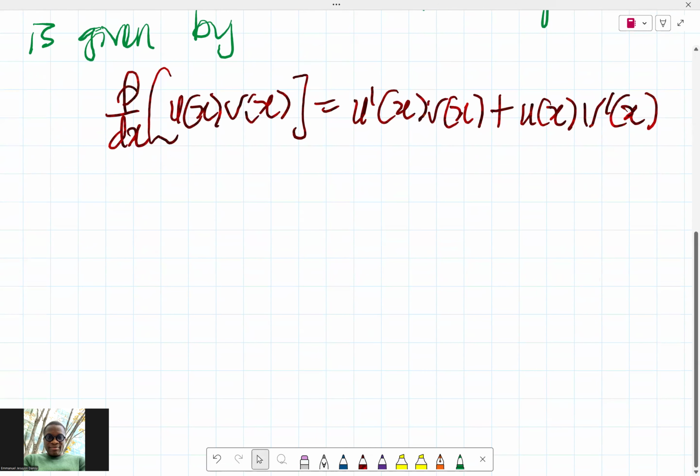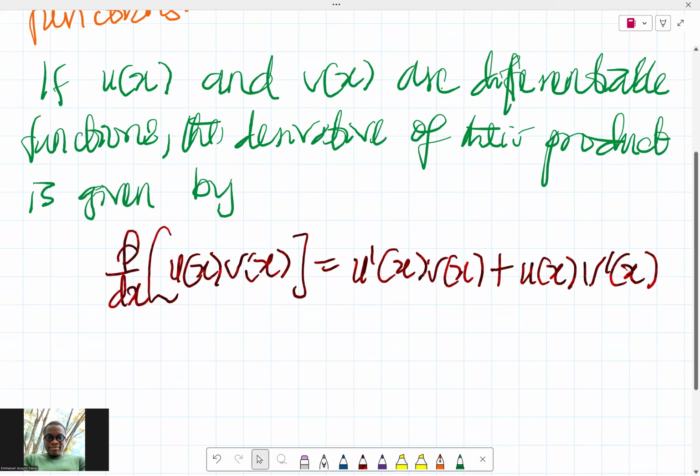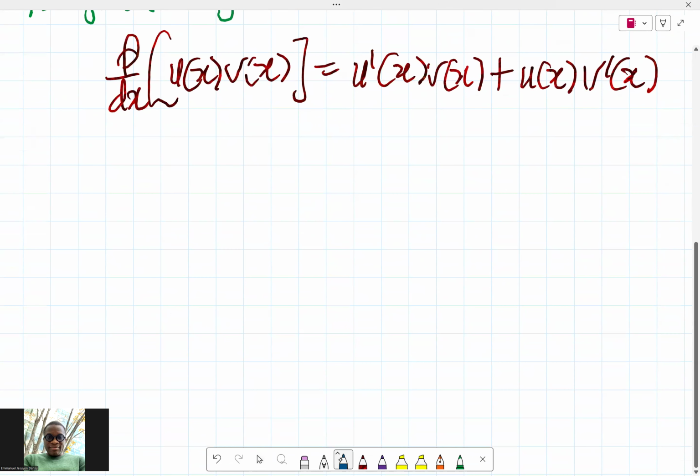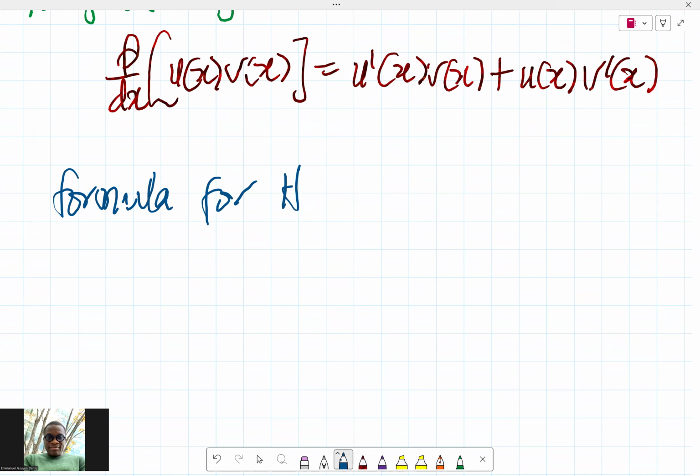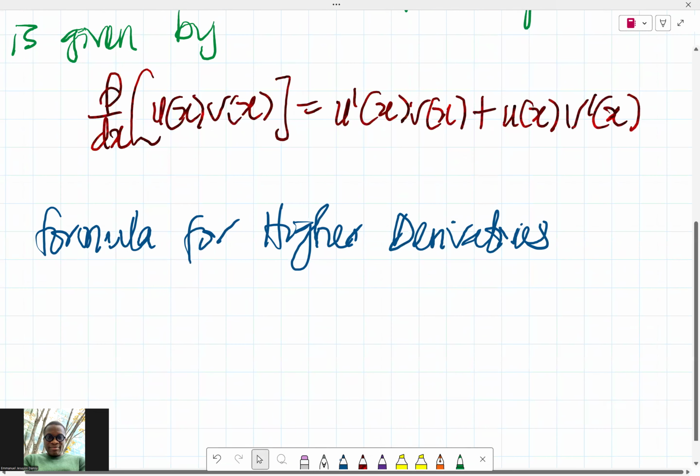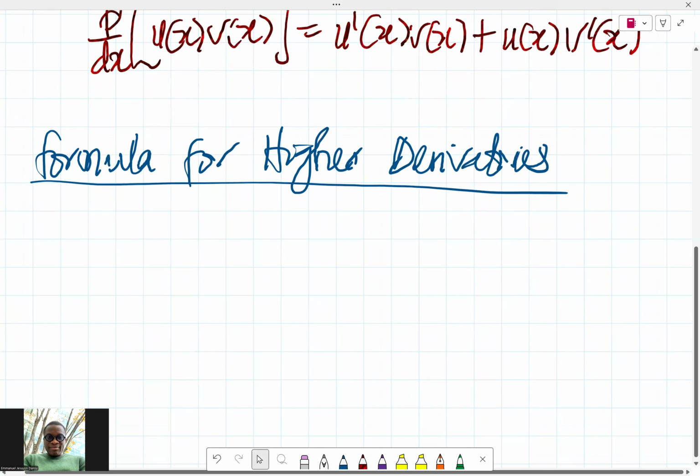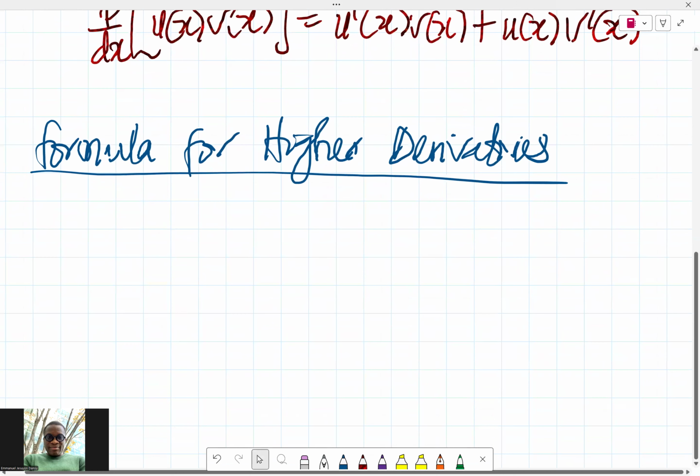So what if we're interested in higher derivatives? So we now have a formula for higher derivatives. What we have up there is just for the first derivative. What if you are interested in second, third, fourth, and all of that?